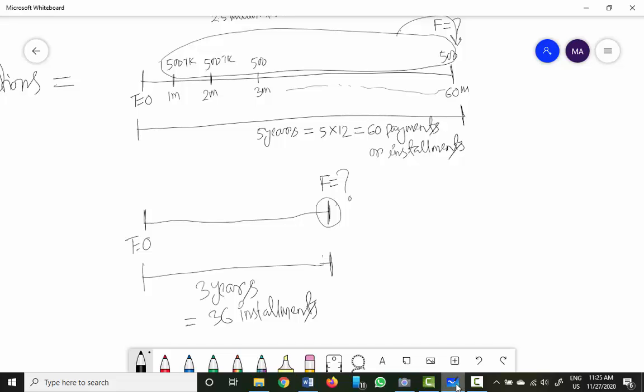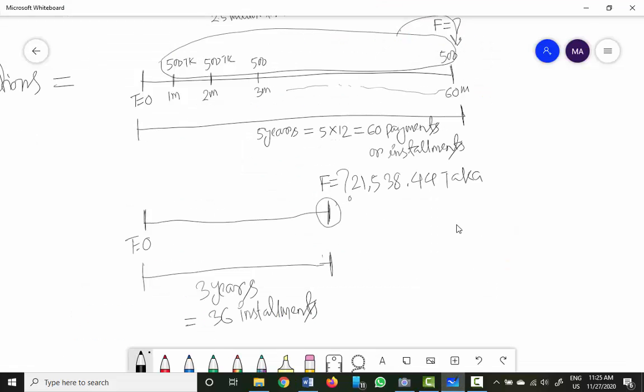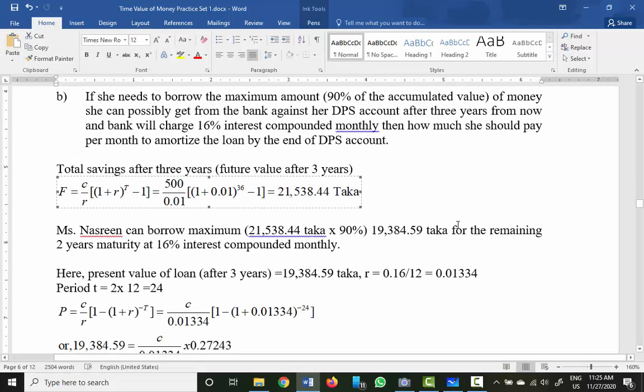So that means after 3 years your savings will be 21,538.44 taka. This is the amount you have saved over the 3 years period.